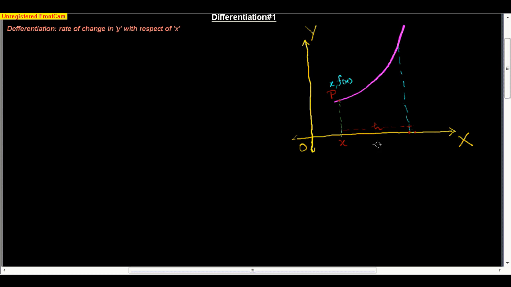The abscissa of this point would be x plus h. Now the coordinate of this point Q would be x plus h, which is the abscissa, and f of x plus h is the ordinate.